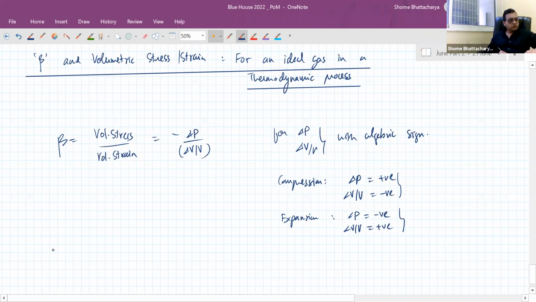Now, for a solid material, Bulk's modulus is a constant, obviously for stress less than the proportionality limit.